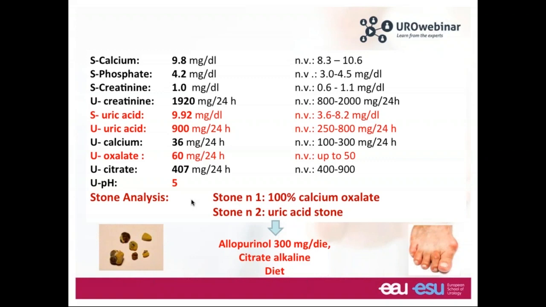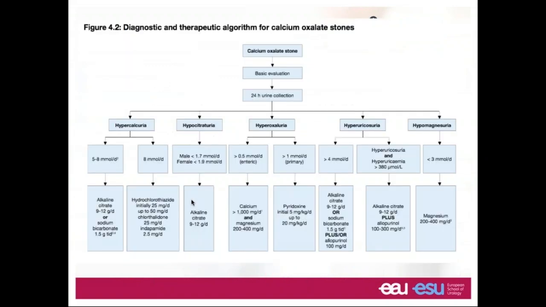In this case I will give allopurinol at a high dose, alkaline citrate, and I will advise the general dietary recommendation: low protein, low salt, and a lot of water, up to 3 liters a day. How did this medication come up in this example? Again, I'm going back to the therapeutic algorithm. This patient had hyperoxaluria, and that was enteric.